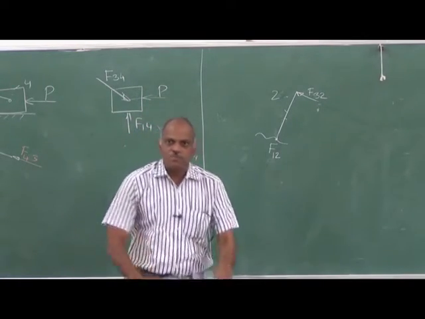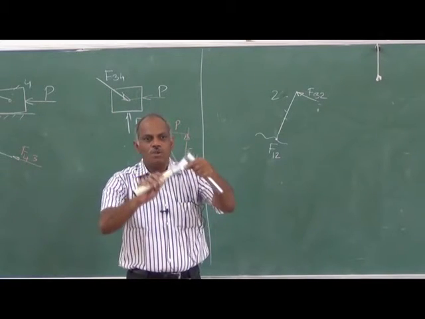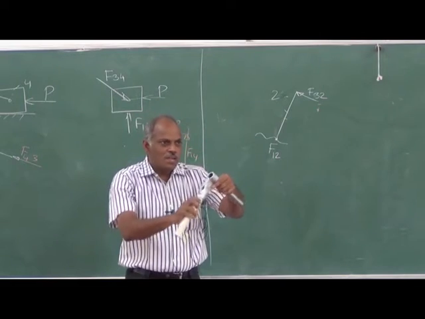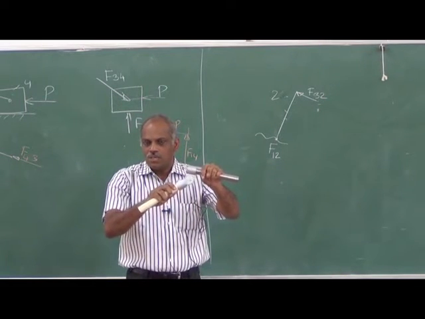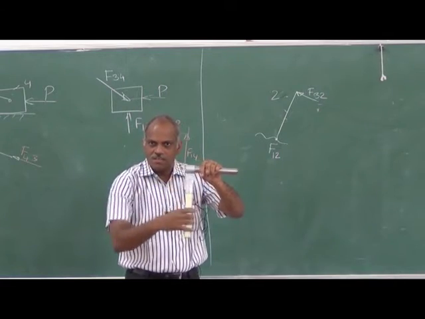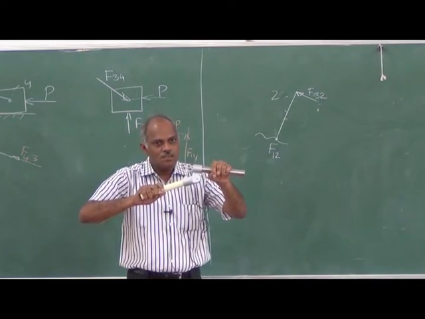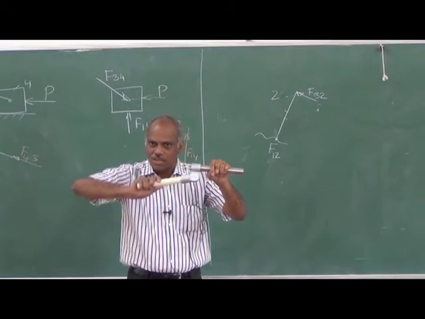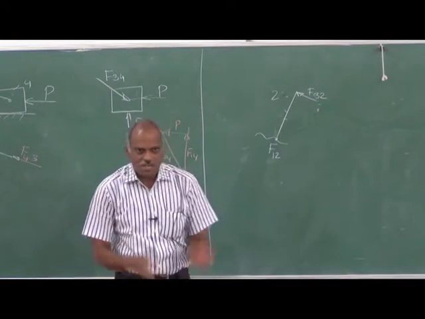But what I have shown here is about the revolute joint. If you take a revolute joint as a three-dimensional joint, a physical form, the torque along this axis cannot be transmitted, whereas the torque along the other two perpendicular axes can still be transmitted.